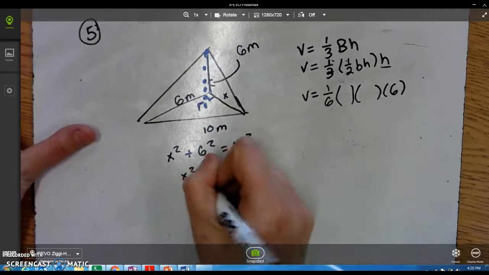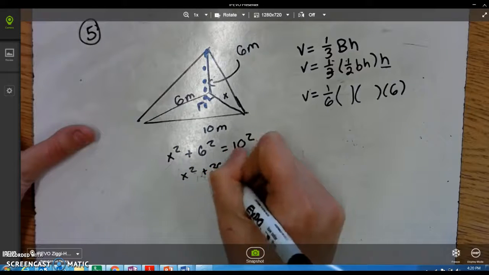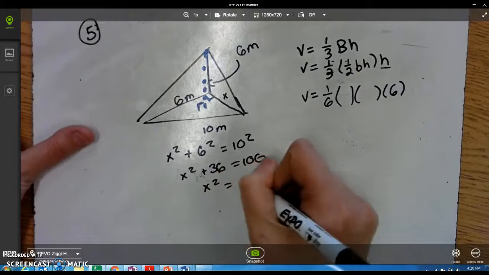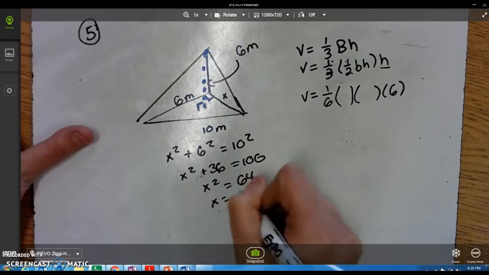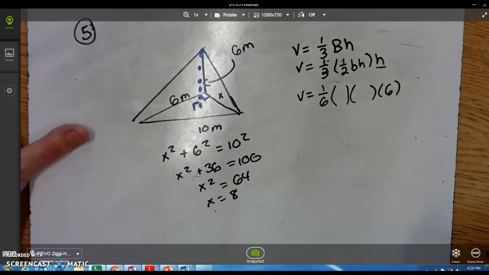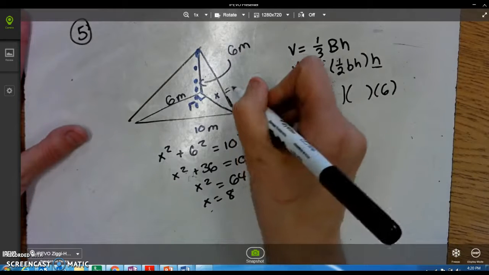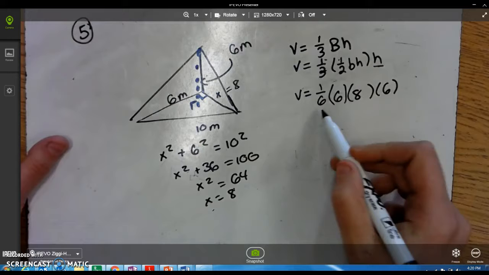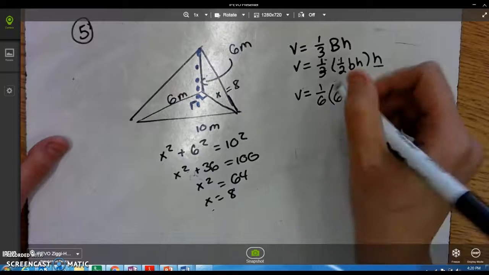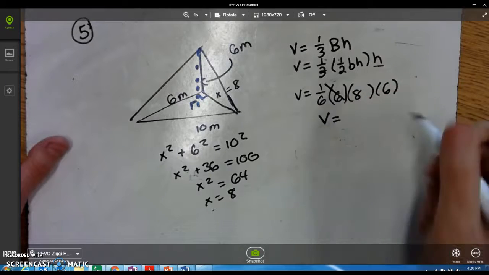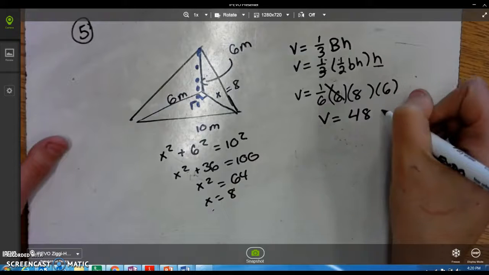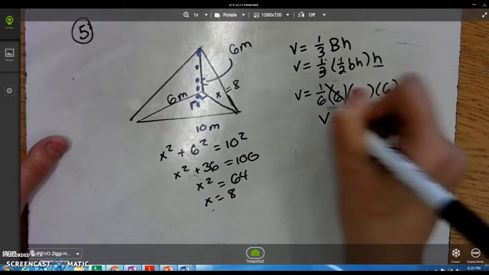I'm going to rush through that and go ahead and tell you that the answer is going to be 8, because that happens every time. Okay, so we're going to have 8 here. Plug those two in. If I divide 6 by 6, they cancel. 8 times 6, which is 48 meters cubed, because we're doing volume.